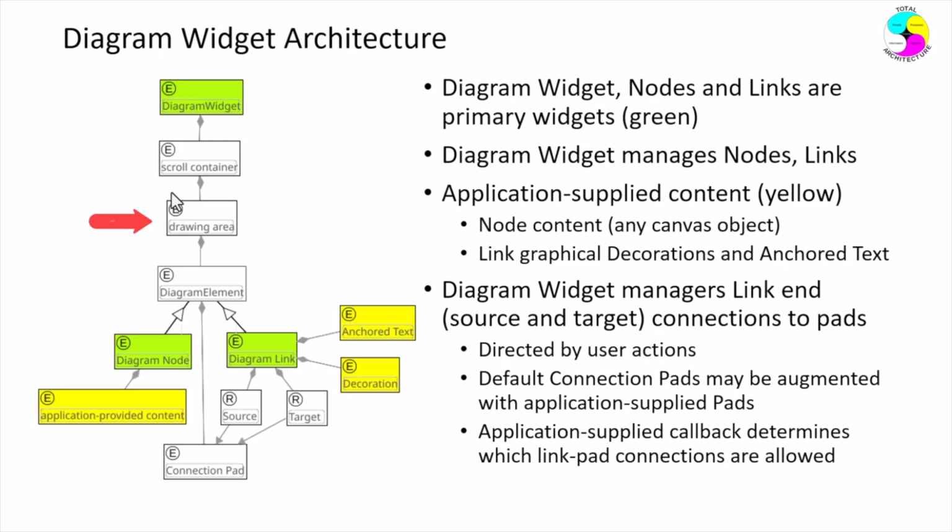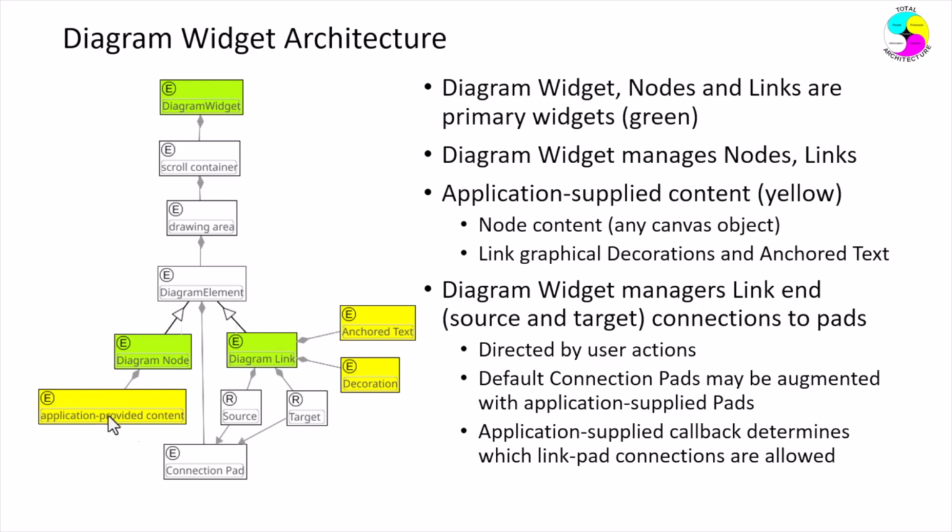Now the diagram elements themselves come in two flavors. We have diagram nodes and we have diagram links. From an application perspective, these are being added to the diagram widget, so the application is not really aware of the intervening classes there. Now a diagram node can contain any canvas object, from a simple piece of text to a full-blown hierarchy of widgets.